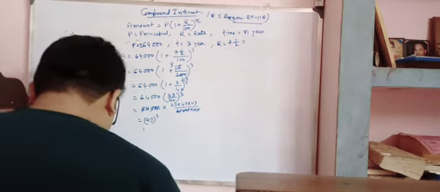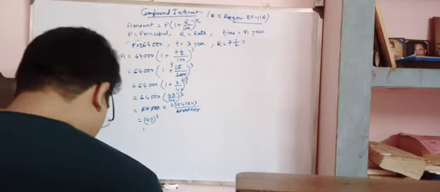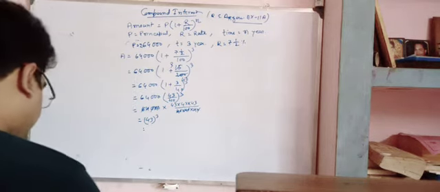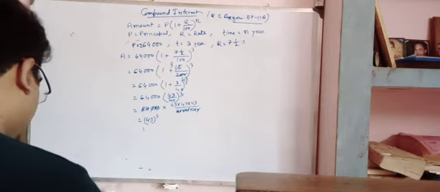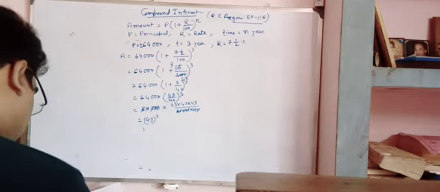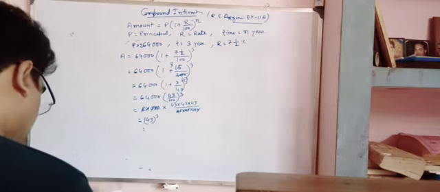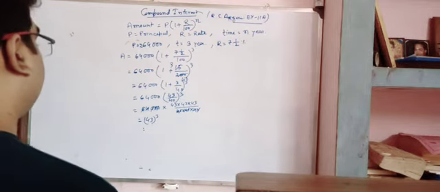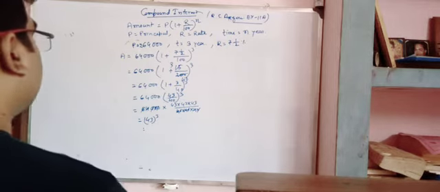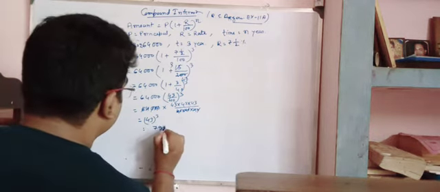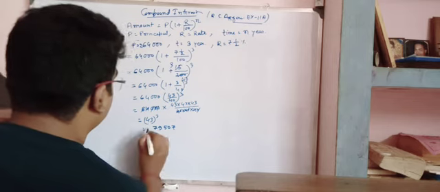Now if we do 43 cube, we should get the result 79507.